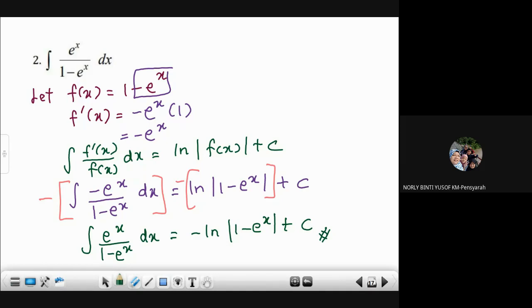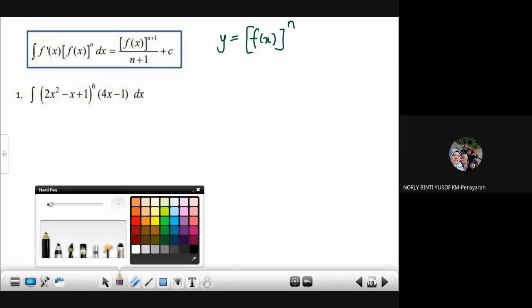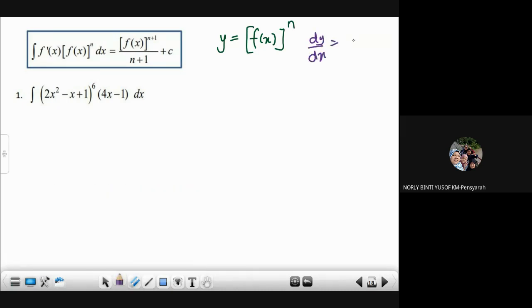Okay kan? Boleh? Okay. So pergi pada the third formula by using integration. Okay, tengok dekat formula ni sebenarnya adalah formula power rule. Kan kalau tengok contoh daripada differentiation fx power of n, lepas tu kan you differentiate, you akan dapat n pergi depan, fx power n minus 1 and then darab dengan f prime x.